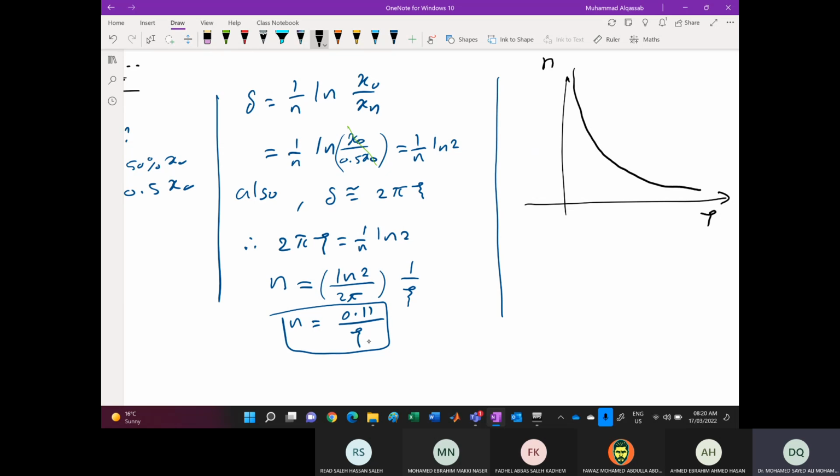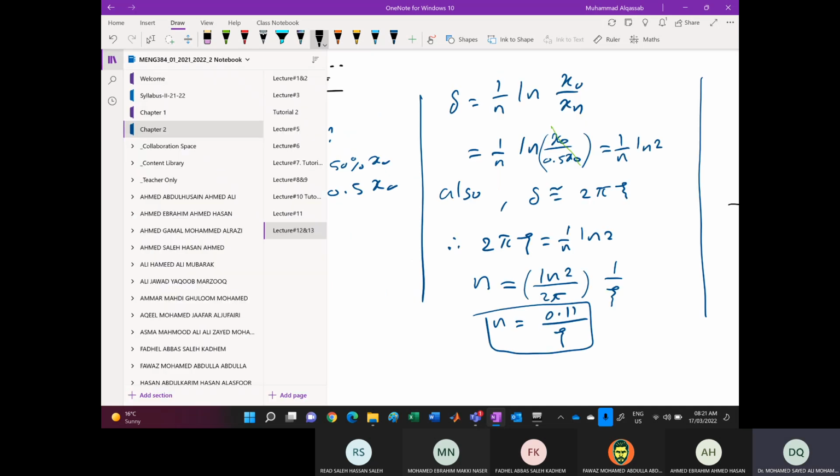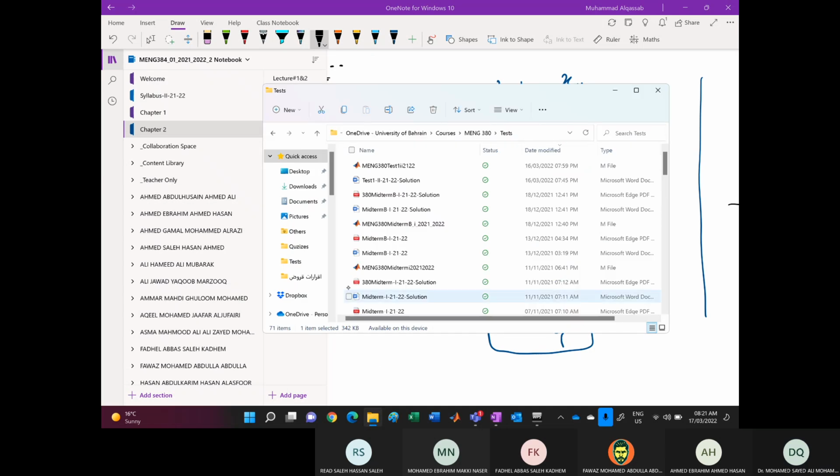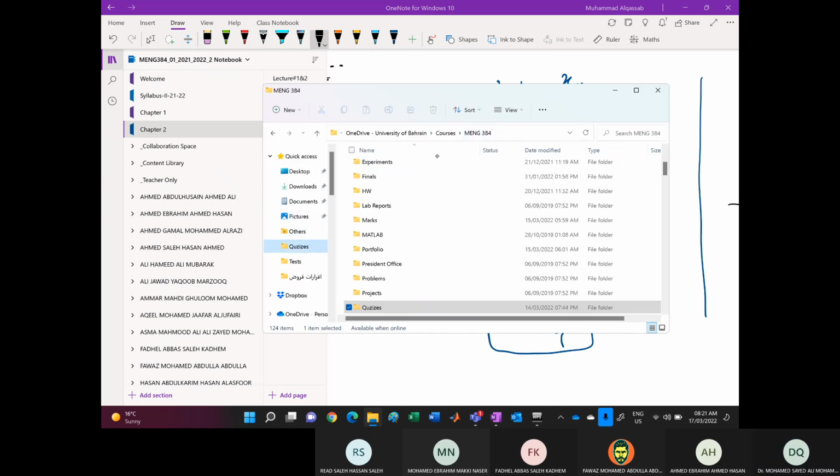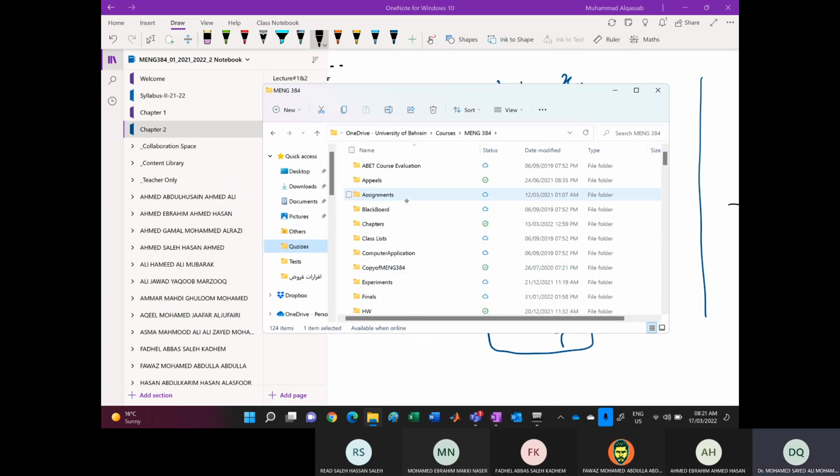If zeta is very large, toward infinity, n will be 0. Okay, so let me print this page, so you see the numbers at least.